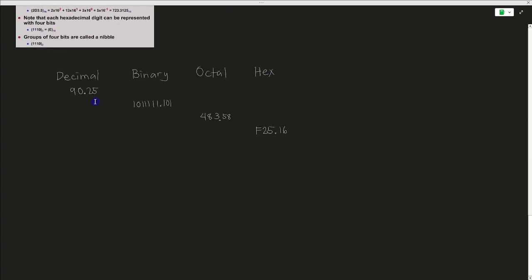Sige, ito na lang pala. Gawin na lang natin to. Okay. Ang gusto kong gawin natin is let us convert itong binary muna to hex. Kasi hindi natin napakita. Okay. So the question now is how do you convert from this binary to the hexadecimal?